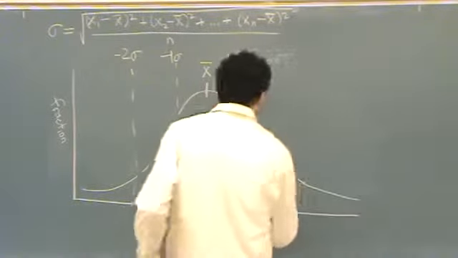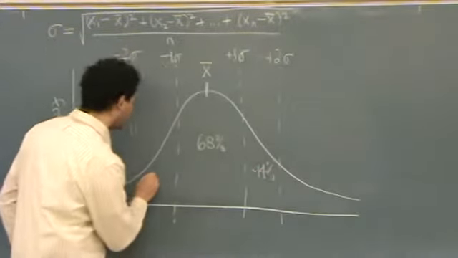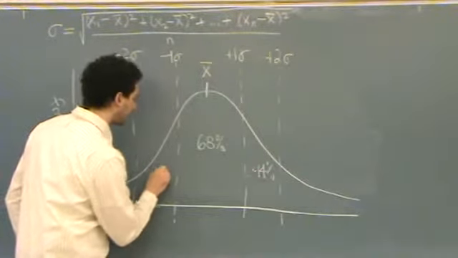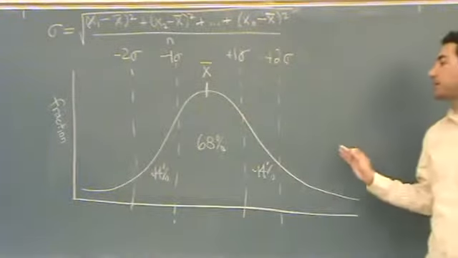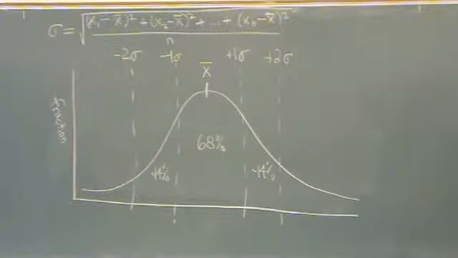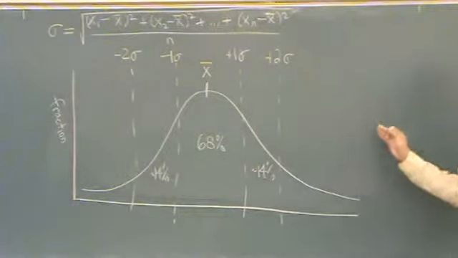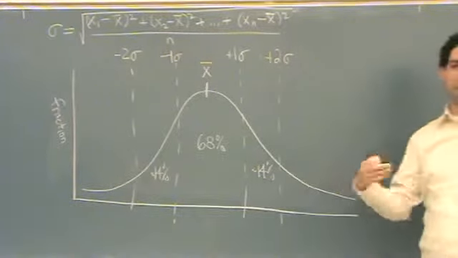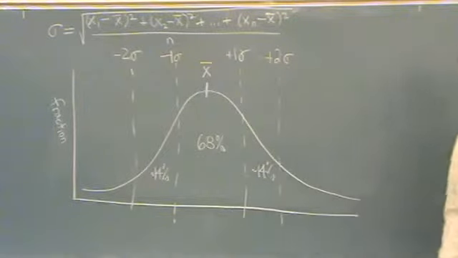You have approximately another 14% of students here, approximately 14% of students here. So within 2 standard deviations from the mean, you've got about 95% of the total population. Okay, and then it gets much, much smaller, as you can imagine, as you go to 3 standard deviations and further. Okay, for our purposes, we don't care about more than really 2 standard deviations.